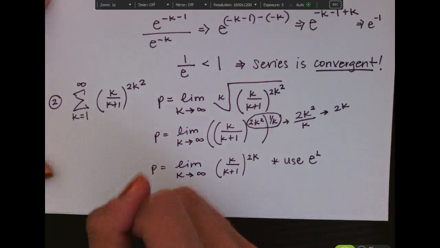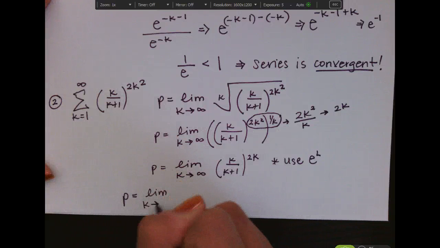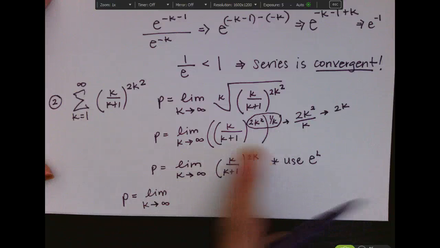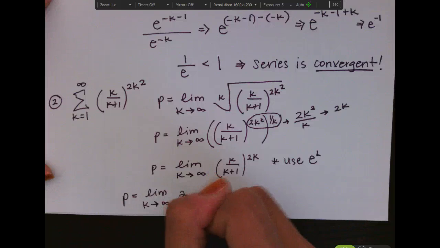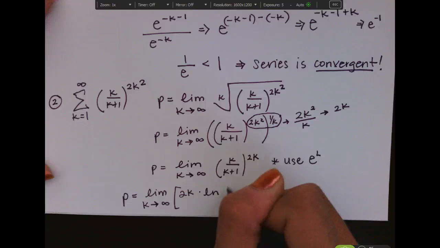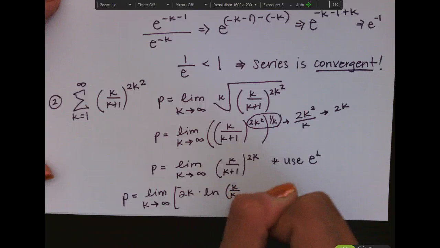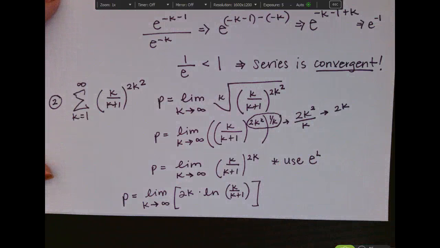So what I'm going to do is take the natural log of this whole expression here, which is going to allow me to take 2k and move it out to the front. So I'm going to have 2k times the natural log of k over k plus 1. And at this point, if I were to let k go to infinity, I'd have infinity times 0, which is still indeterminate.